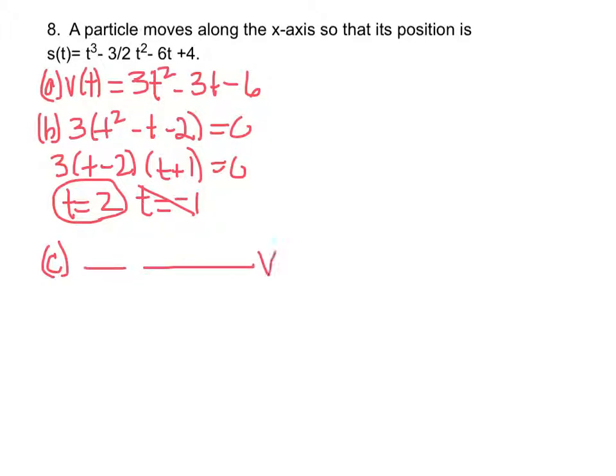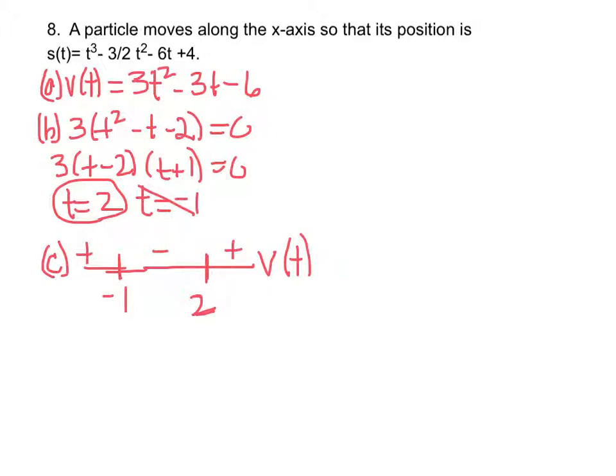Now, I do know that I can't have a negative time, but I am going to put the negative 1 on there, and I'm going to explain why. Because if I look at the velocity equation in part A, notice that my t squared has a 3 in front of it. That's positive, so that means it's an upward pointing parabola, so I know my signs are plus, minus, plus. It just makes it easier for me to do the sign chart.